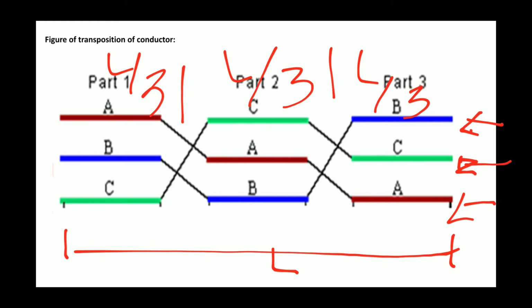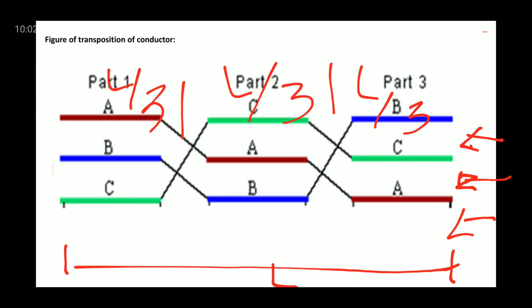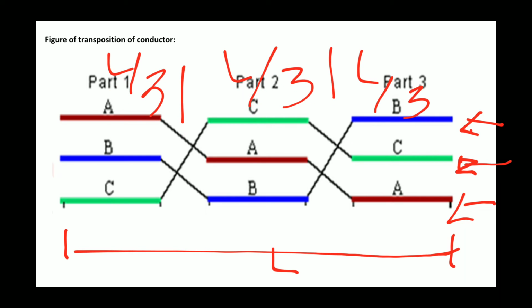The result is that voltage drops in the phases are different, and therefore the voltage at the receiving end is not the same for all three phases but different from each other. This is not desirable. To bring the voltage drop in all three phases to equal value and the receiving end voltage of all three phases to be equal, the line is transposed as shown above. Okay, this is the necessity of the line conductor transposition.